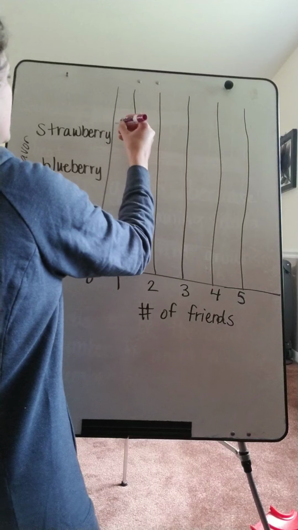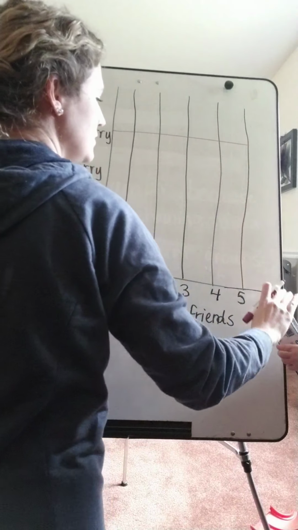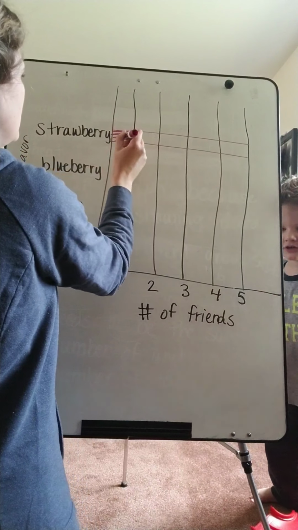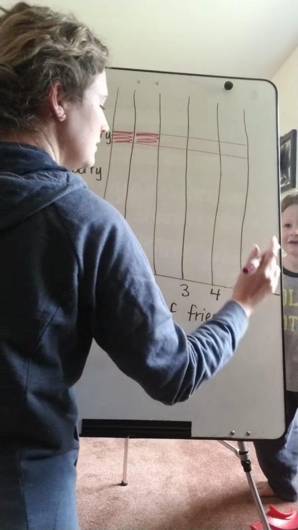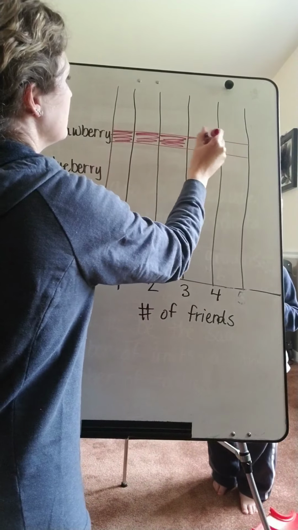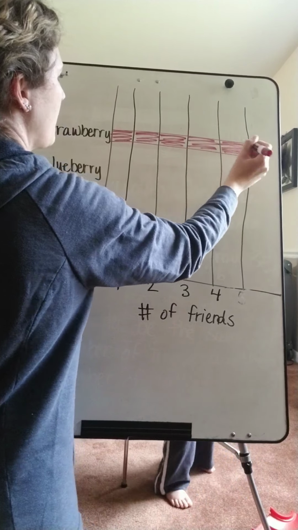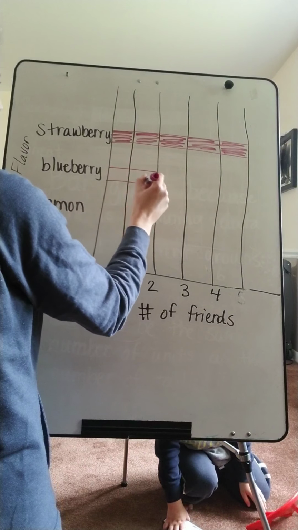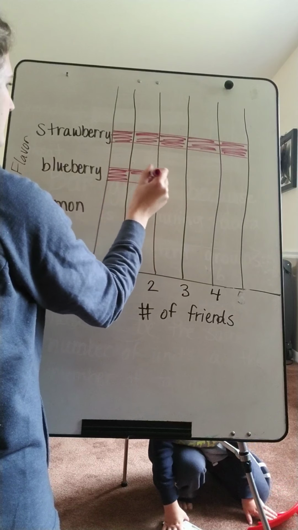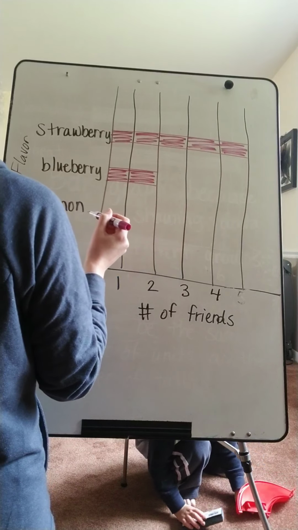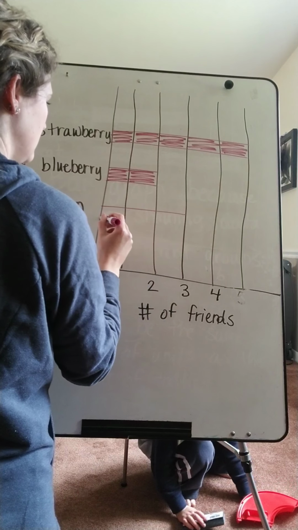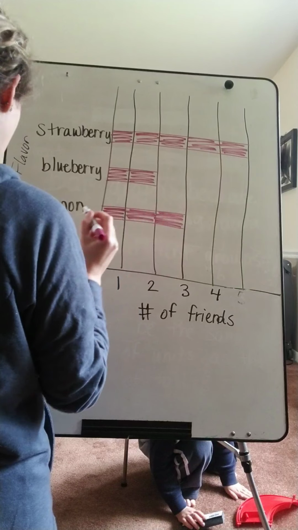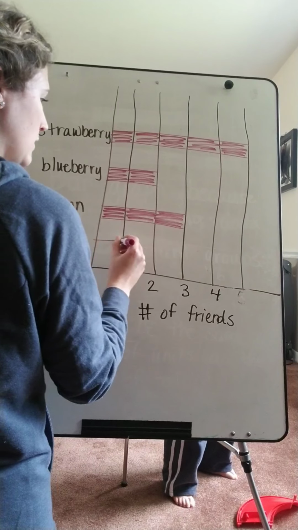So you're going to make your bar, do not erase it yet, over to the 5 and then shade it in. Okay. And then look at blueberry, we have 2. Lemon, we have 3. And then vanilla, we have 4.